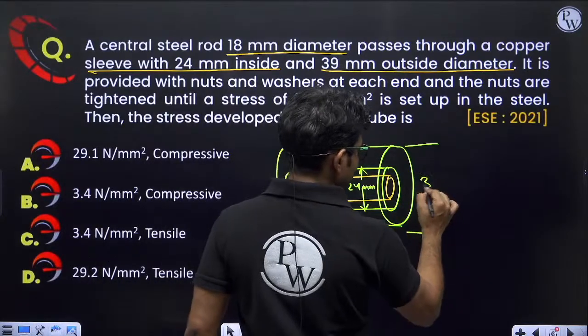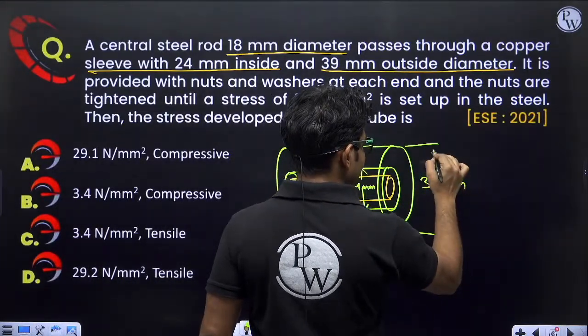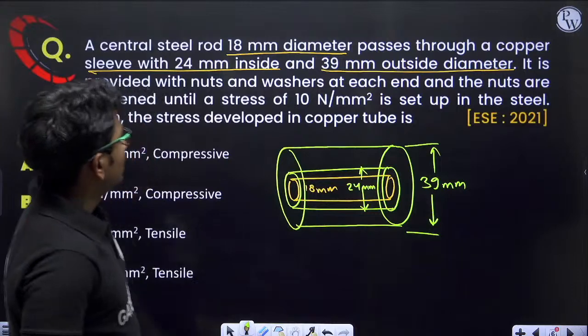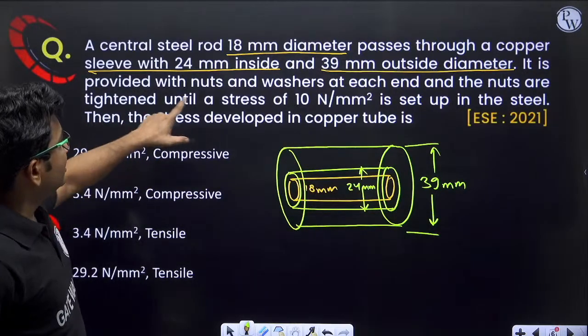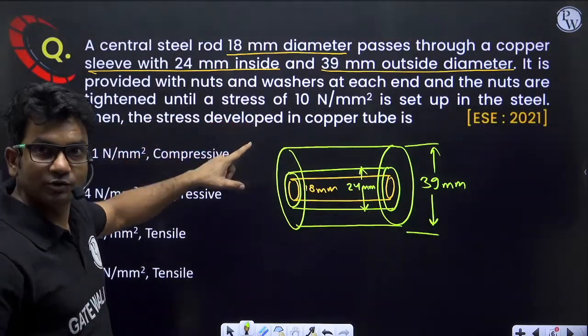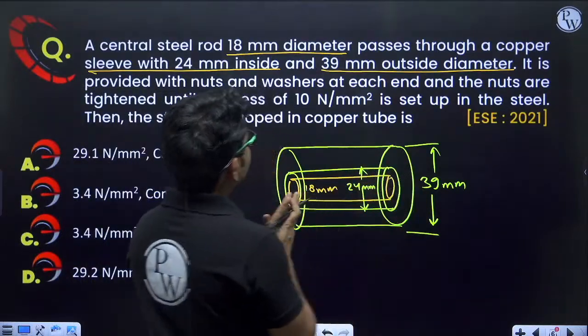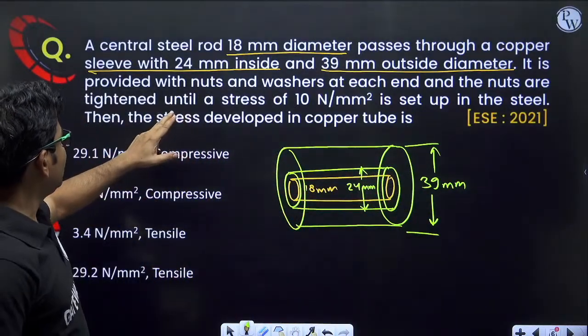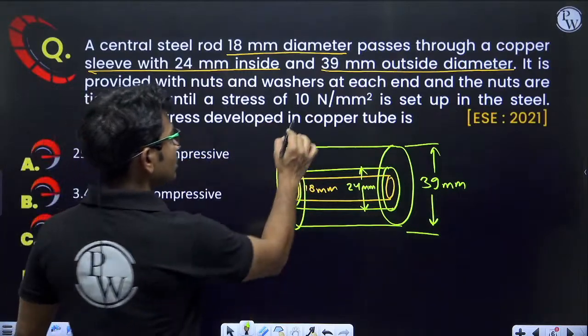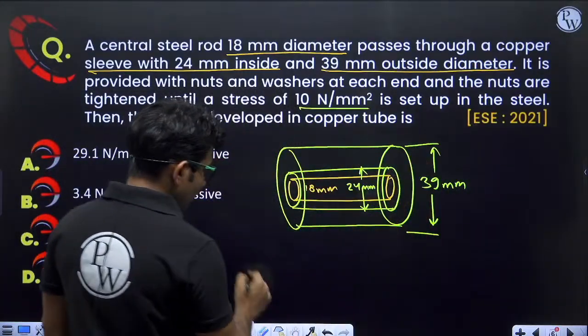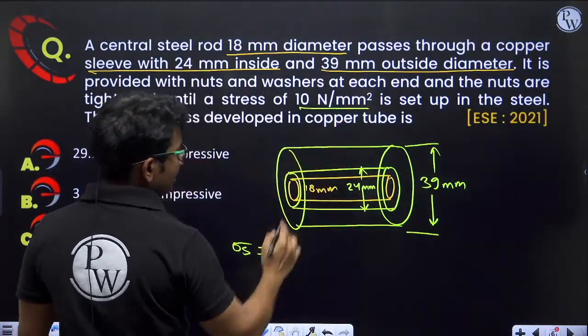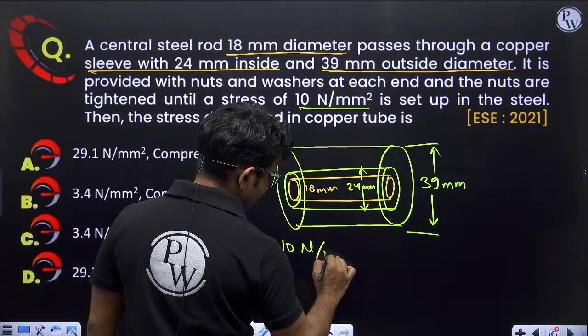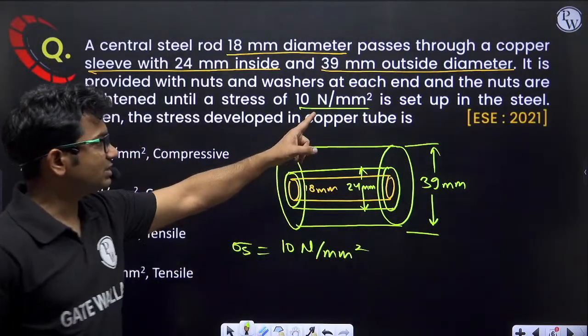Now it is provided with nuts and washers at each end, and the nuts are tightened until a stress of 10 Newton per mm square is set up in the steel. This is the stress in steel.